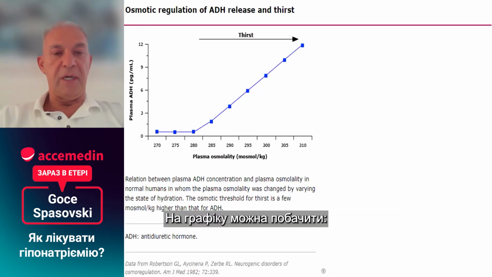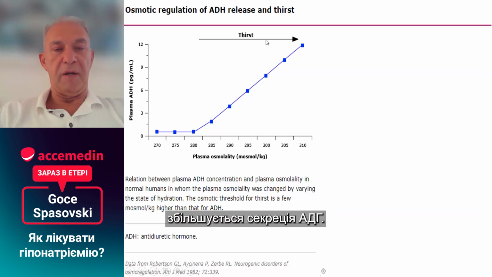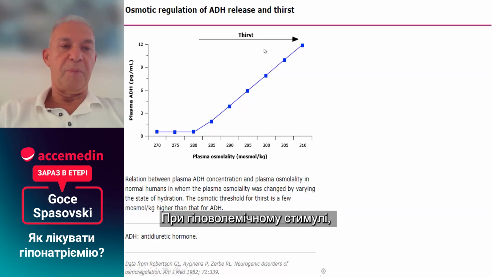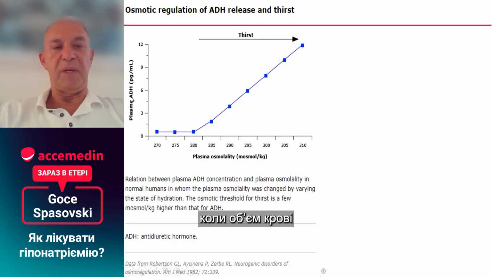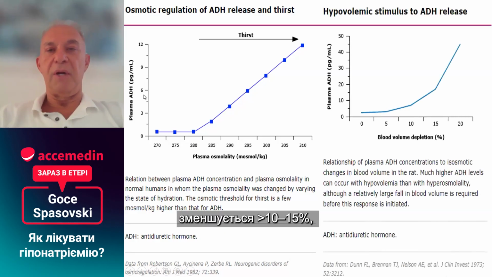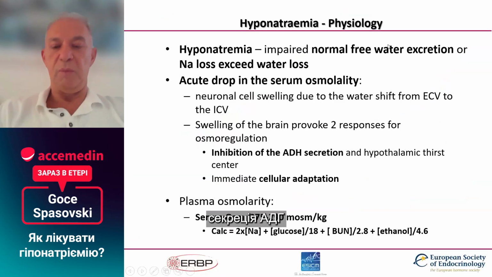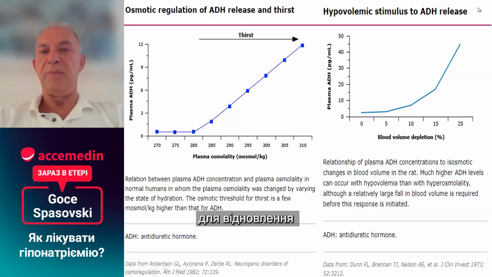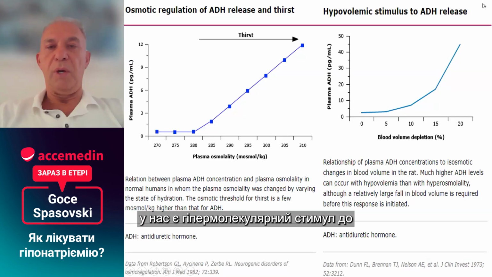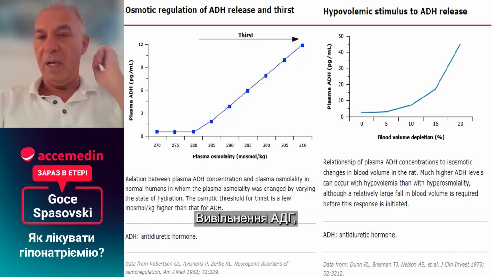As you can see here, the plasma osmolality is increasing, and thirst is going along with it, and we have increased plasma antidiuretic hormone secretion. On the other hand, looking at how it works with the hypovolemic stimulus, we have a hypovolemic stimulus to ADH release.